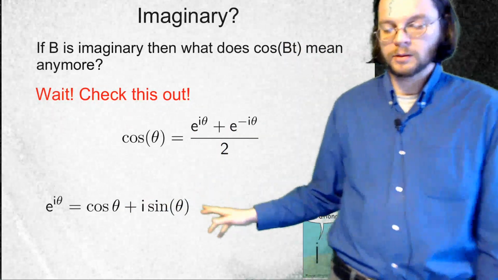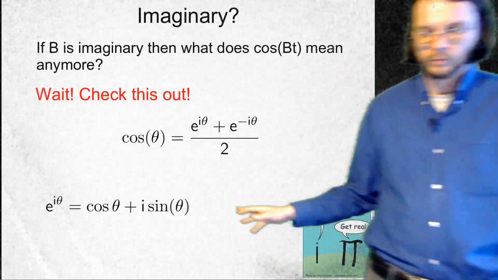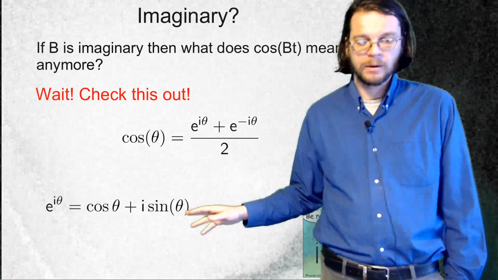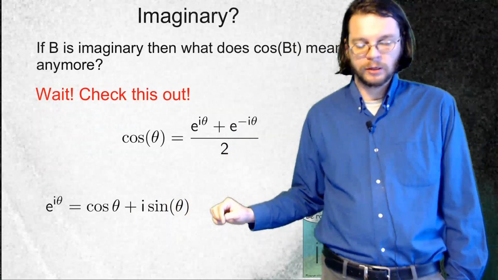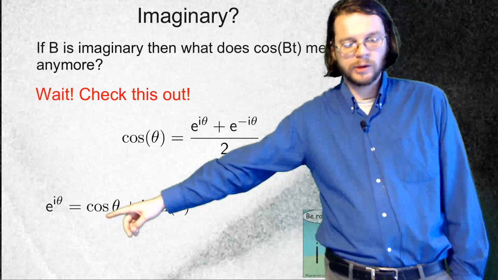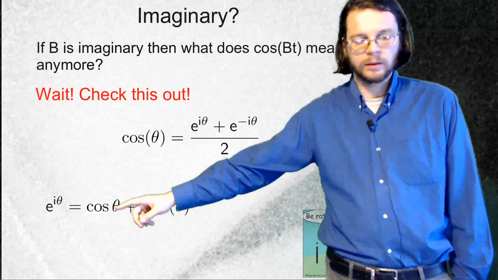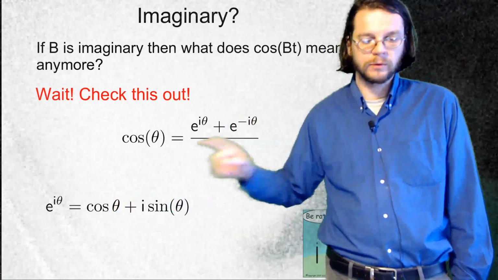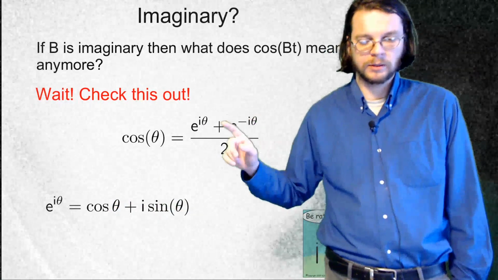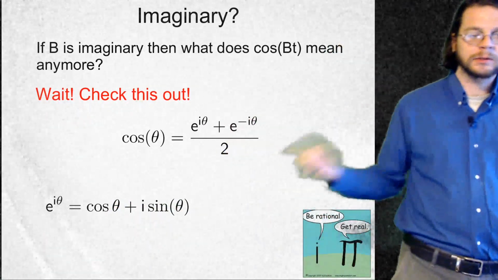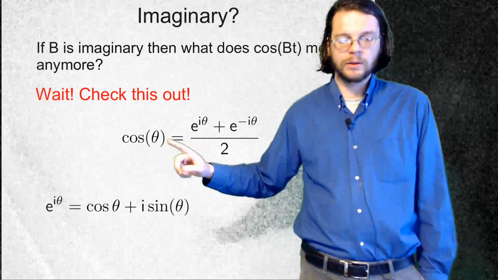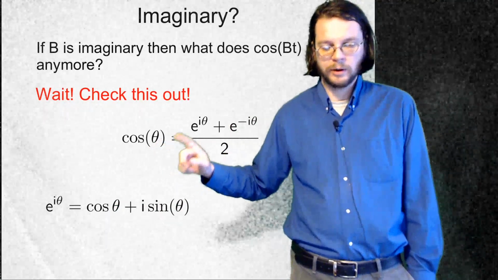If you haven't seen this yet, you will at some point. So this is an interesting equation. For example, if you wanted to solve for cosine and isolate that, if you substitute this into here, this does in fact turn out to be cosine. So what's interesting is if the thing inside the cosine is imaginary, what happens?